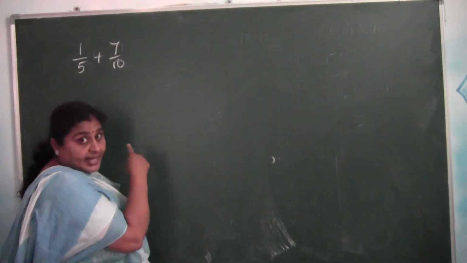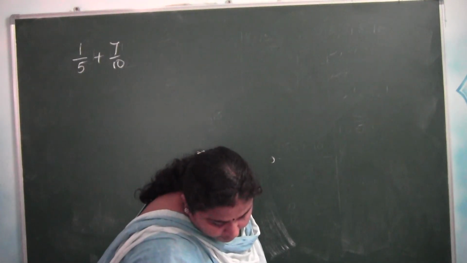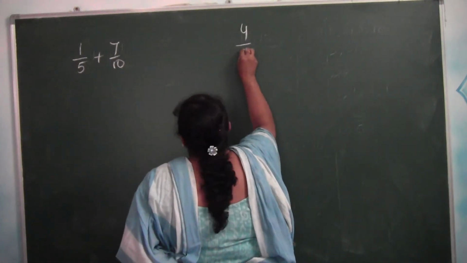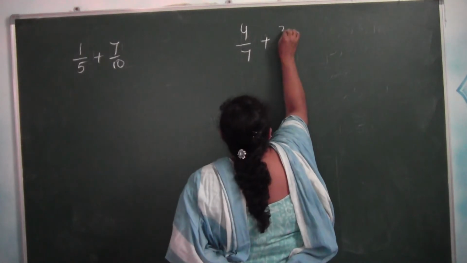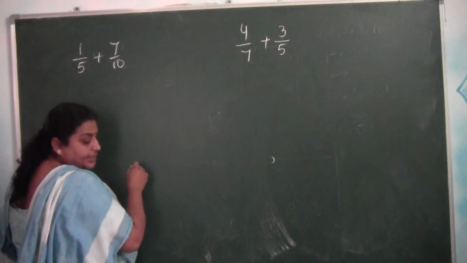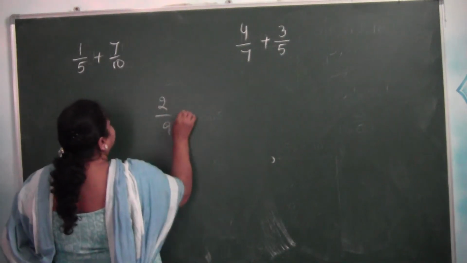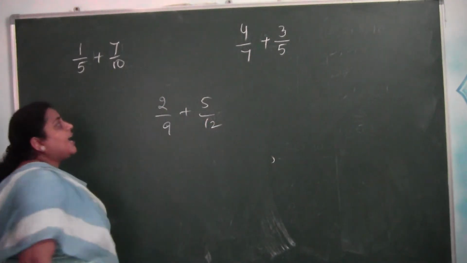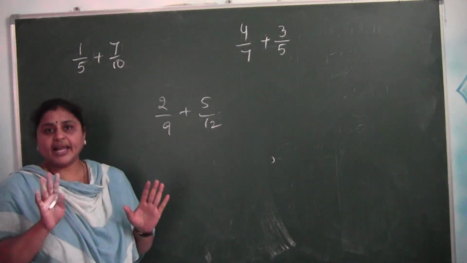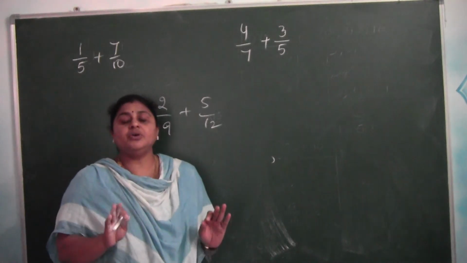This is one variety of fraction, and 4 by 7 plus 3 by 5 is another variety, and 2 by 9 plus 5 by 12. Now I have written here 3 different fractions. All are unlike fractions only. And one logic I am explaining to you, listen carefully.